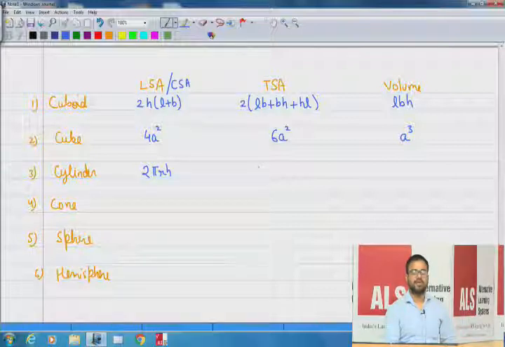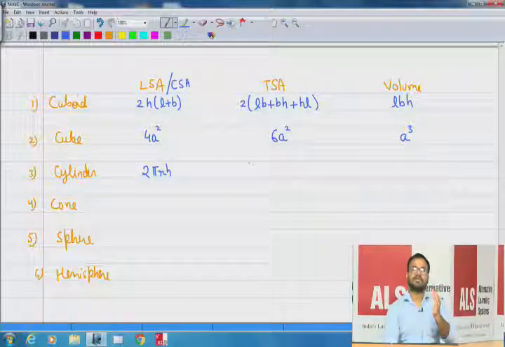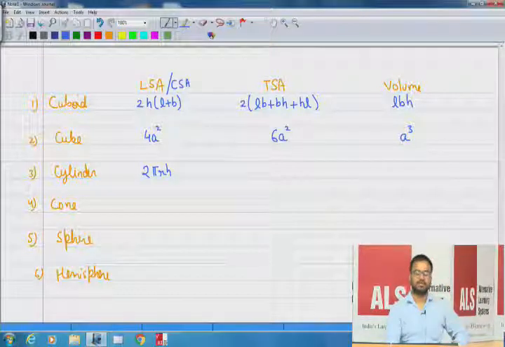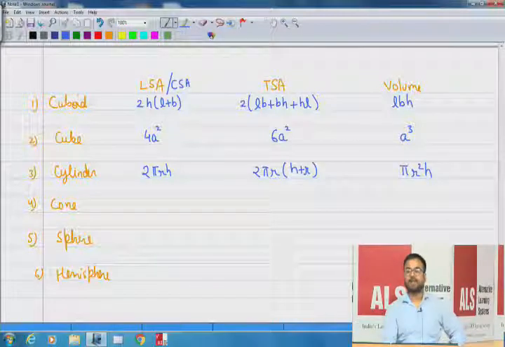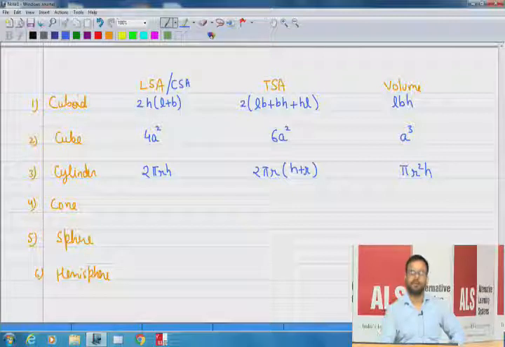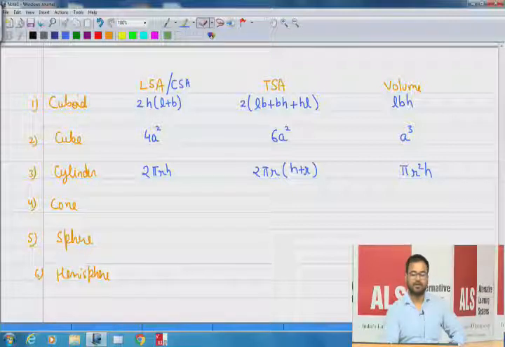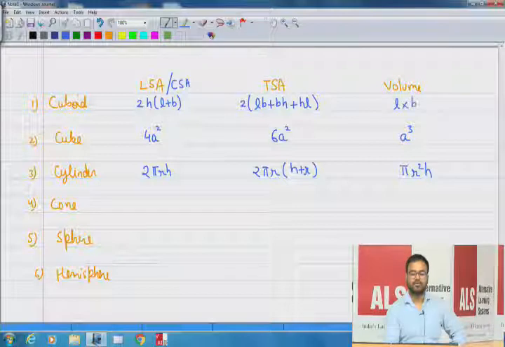Total surface area: if we add the top and bottom circles to the curved surface area, it becomes 2 pi R(H plus R), and the volume is pi R square H. LBH means length times breadth times height, that is the volume for the cuboid.